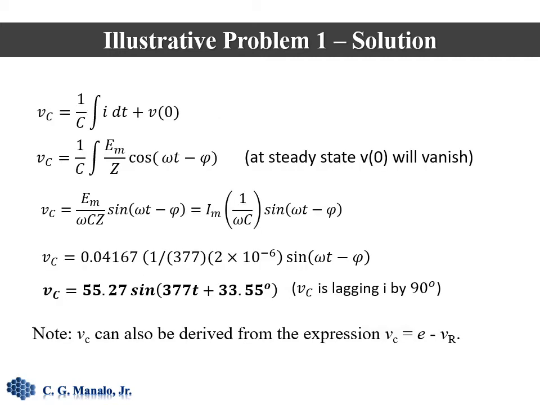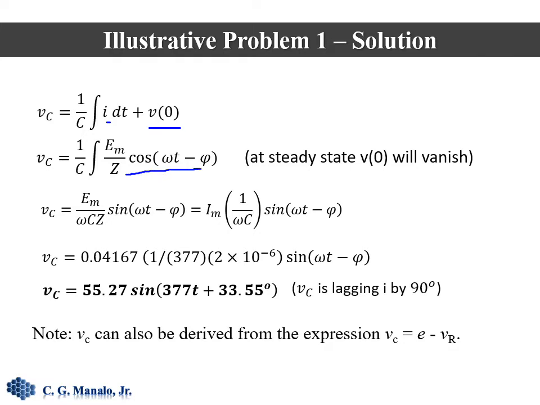Then we could go on to compute for the voltage across the capacitor. So that will be given as 1 over C integral of I dt plus any initial voltage that is already in the capacitor before the switch is closed. So plugging the values that we got, or the formula that we have for the steady state current.